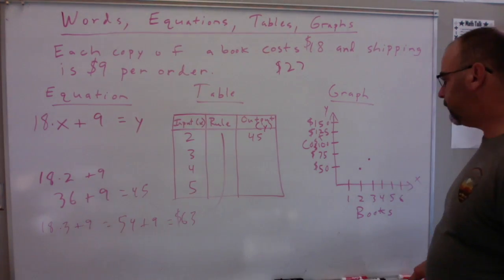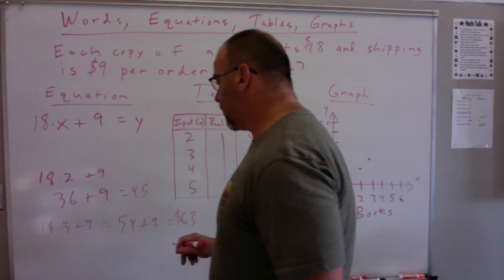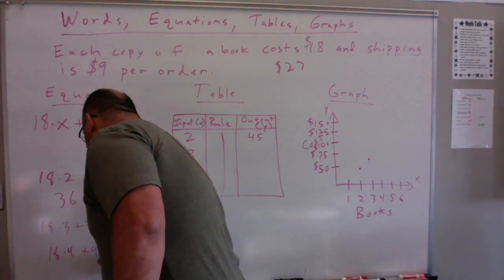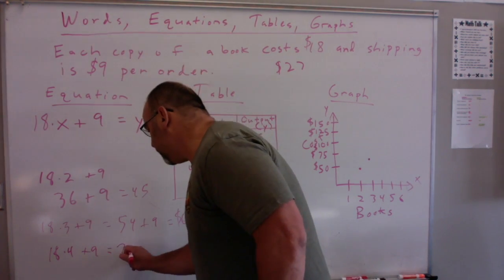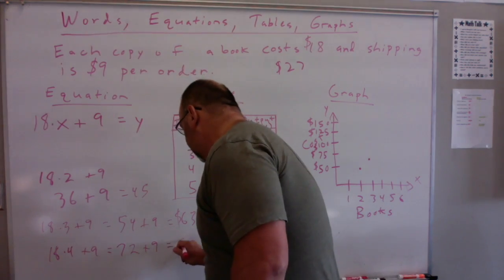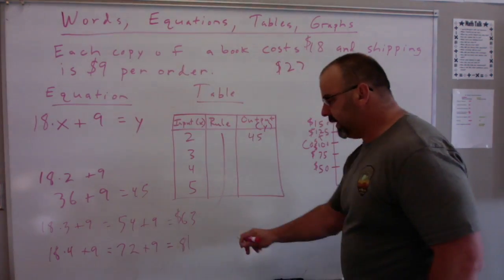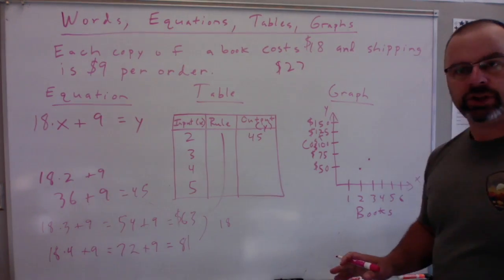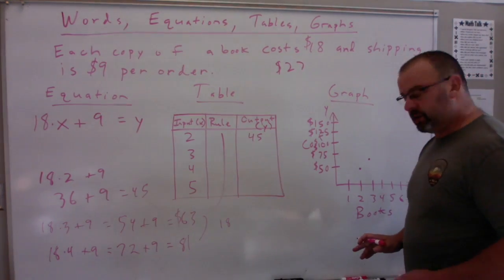Okay. At 4, it's going to be 18 times 4 plus 9, which is going to be 72 plus 9 once I do my order of operations. And that comes out to be $81. Notice it keeps going up $18 per book without any change in the cost of the shipping.